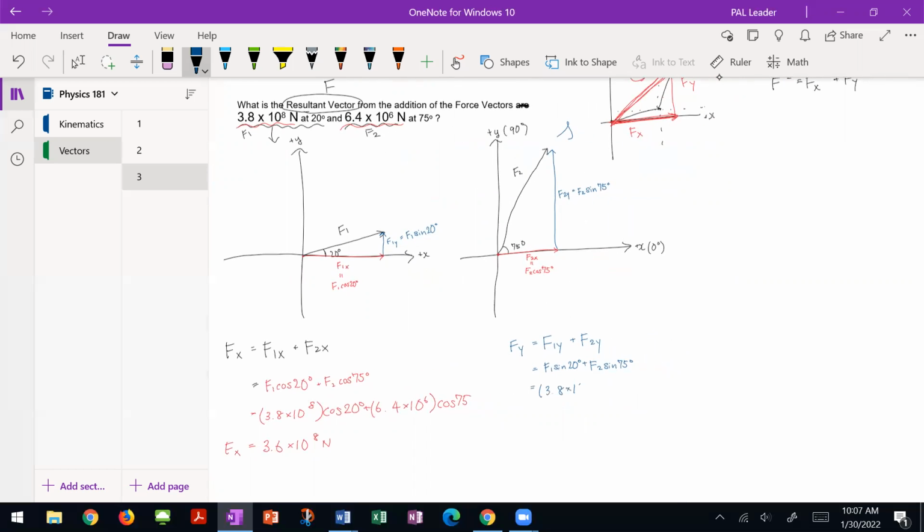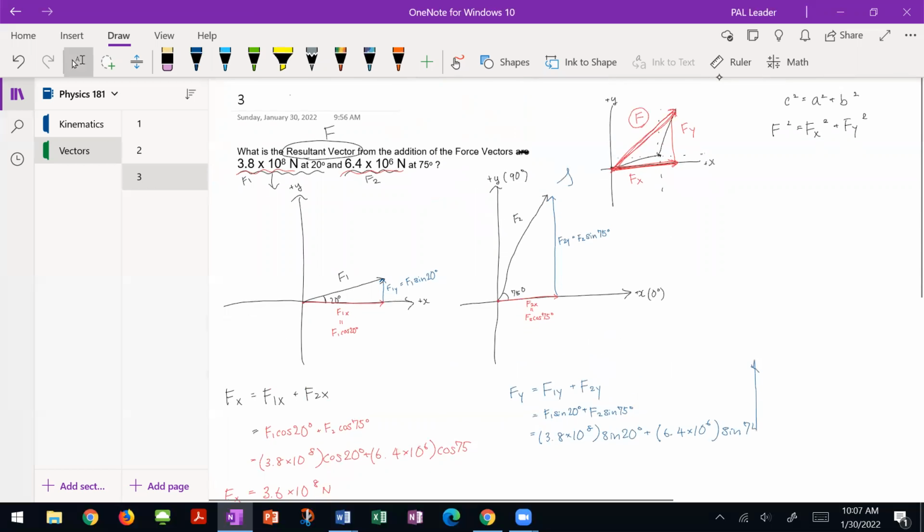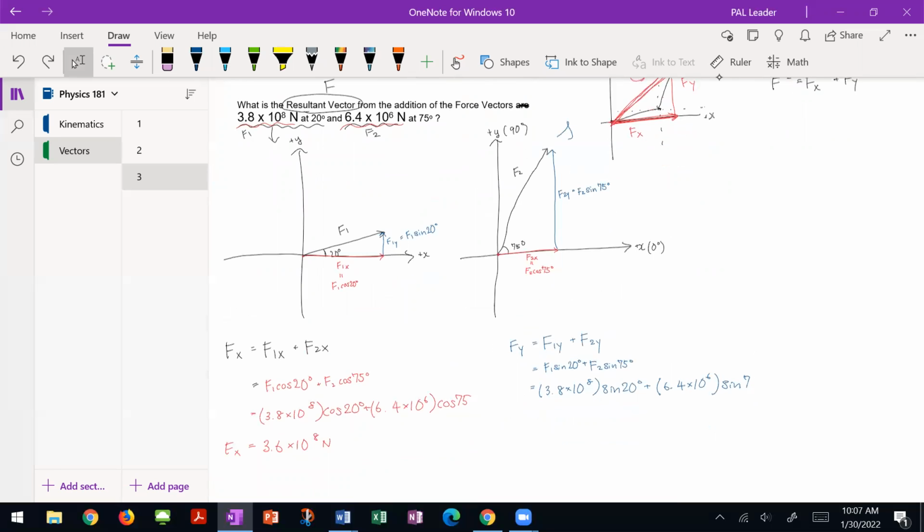And then Fy is F1, 3.8 times 10 to the power of 8 sine 20, plus F2 was 6.4 times 10 to the power of 6 sine 75 degrees. Put that in your calculator and you should get 1.3 times 10 to the power of 8.